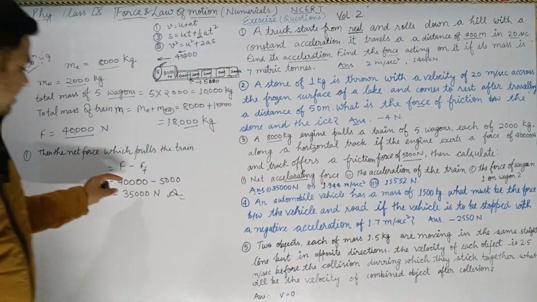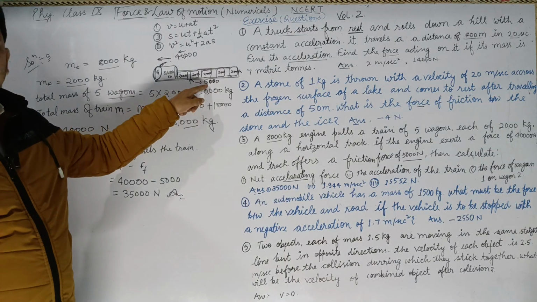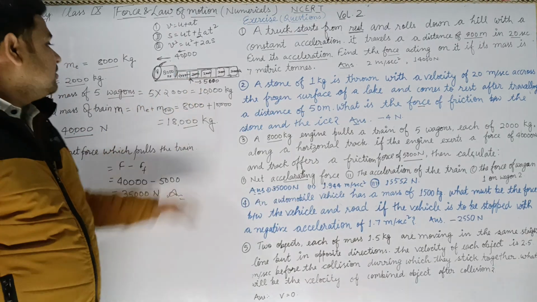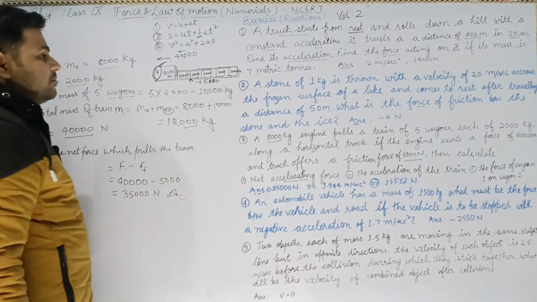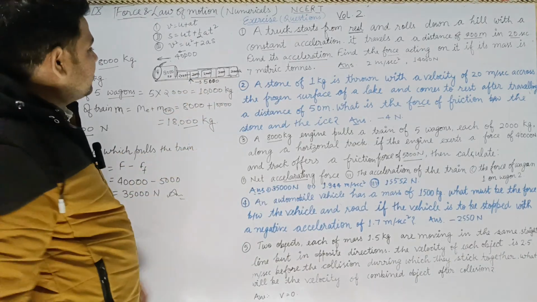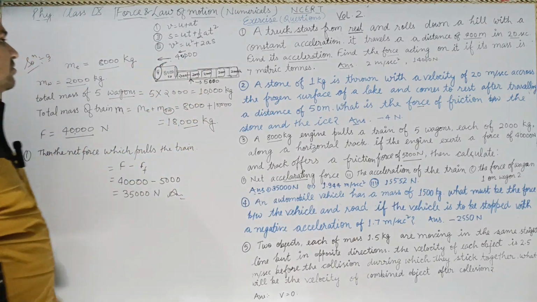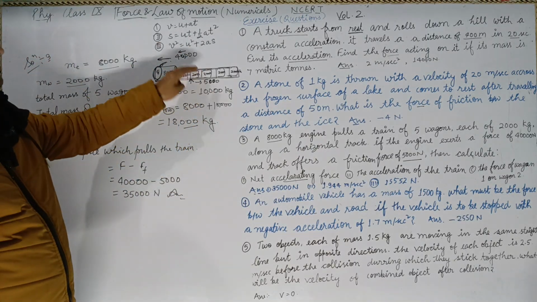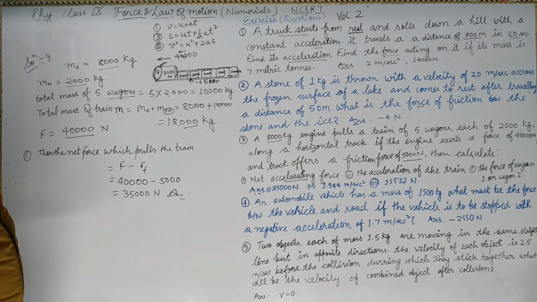It is the net accelerating force because the friction force works in the backward direction while the engine force is in the forward direction. So we subtract and it will be 35,000 Newton.